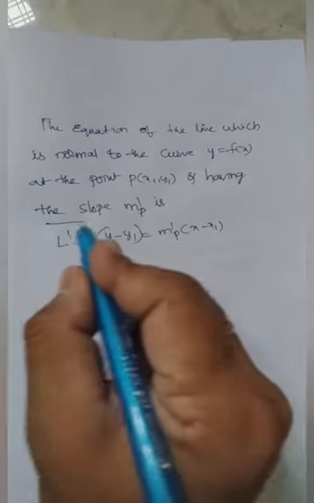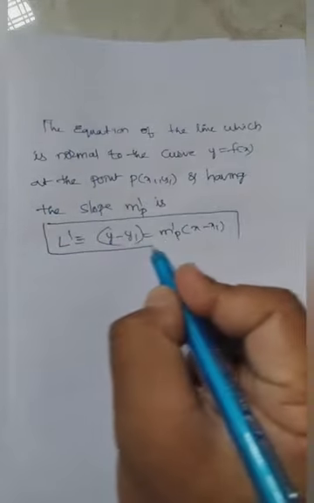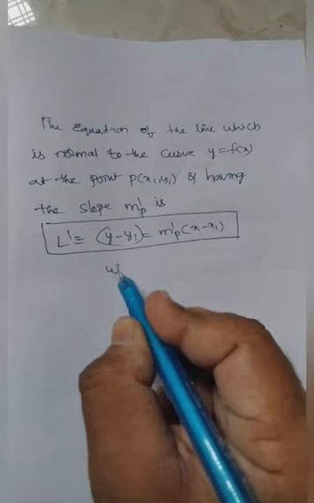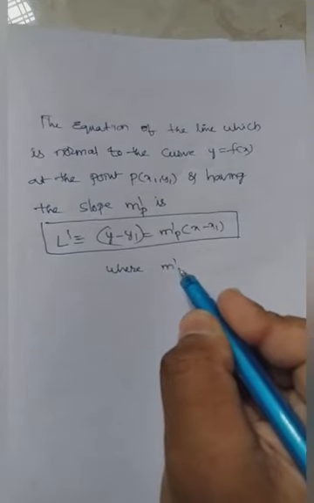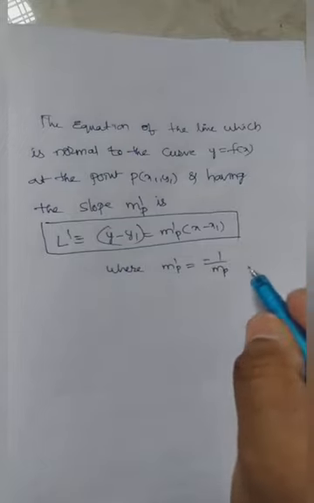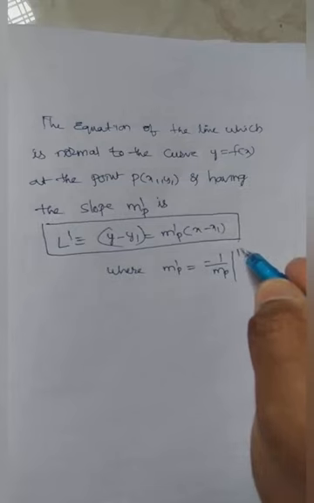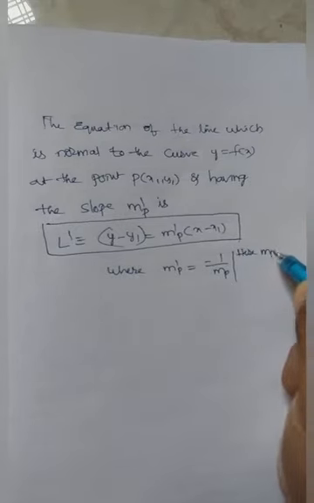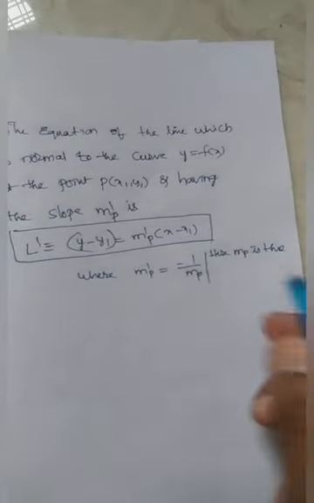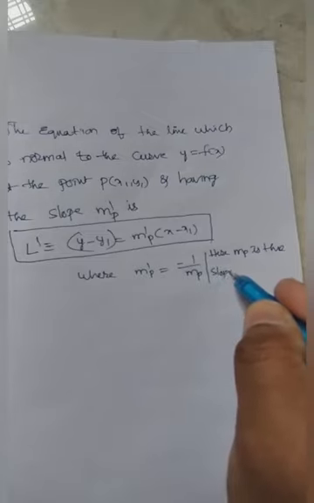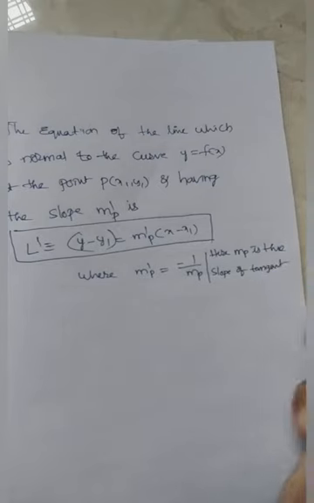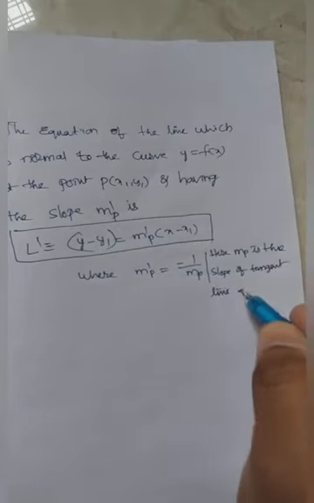This is the formula for the normal line equation, where m dash at P is equal to minus 1 by m at P. Here m at P is the slope of the tangent line at P.